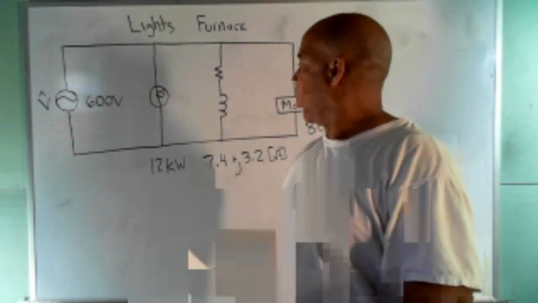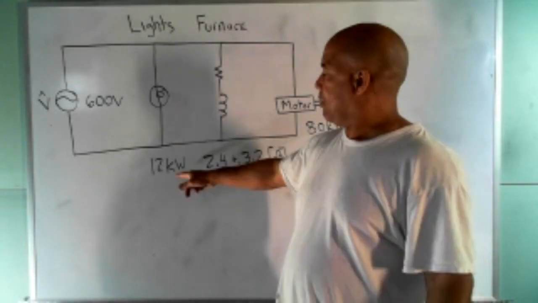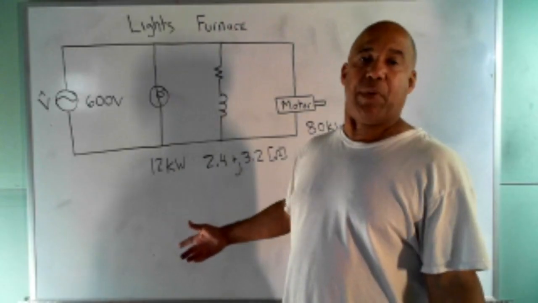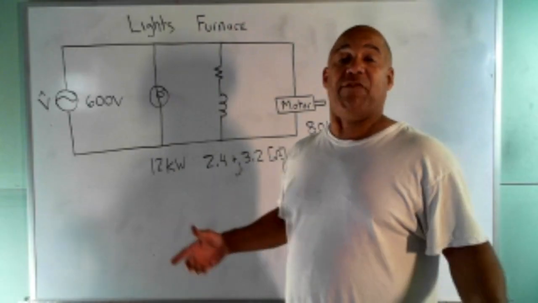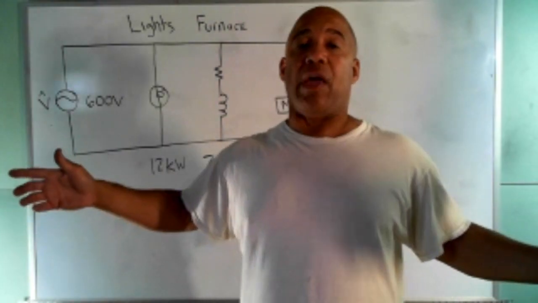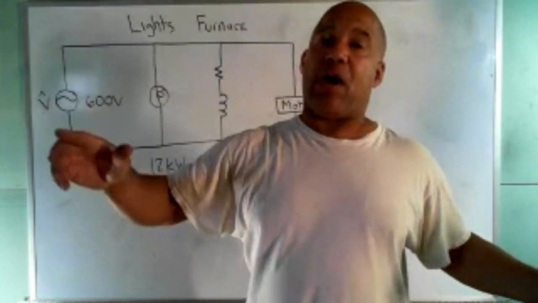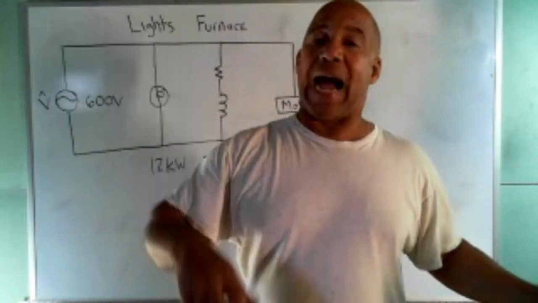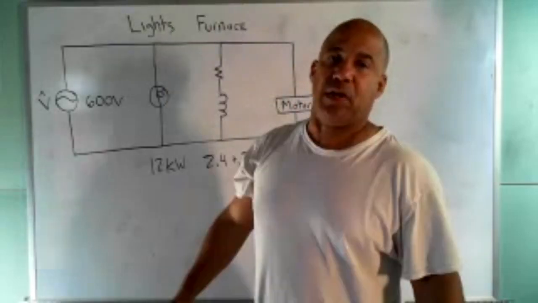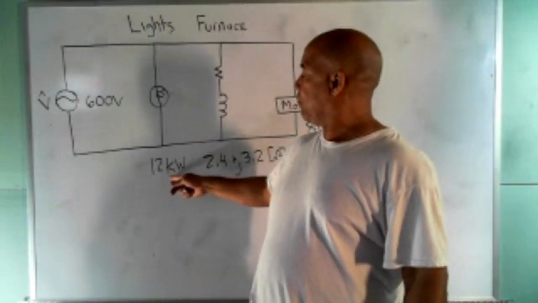Now, there's no light bulb that's 12,000 watts. You can't go to Lowe's and buy a 12,000 watt light bulb. But you can have a big industrial complex or a factory where you have a bunch of light bulbs and the total power dissipated by those bulbs could be 12,000 watts. So it says lights, it's plural. So all the light bulbs in this building add up to 12 kilowatts.